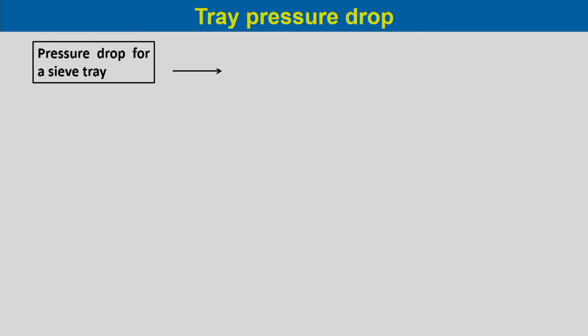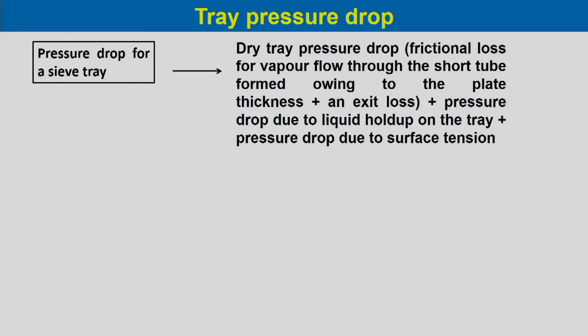Now, there is a pressure drop in the tray. For the pressure drop of a sieve tray, we can calculate the frictional loss for vapor flow through the short tube formed owing to the plate thickness, and an exit loss. This short tube means when we make a hole with a particular thickness in the tray, there will be a short tube like arrangement.